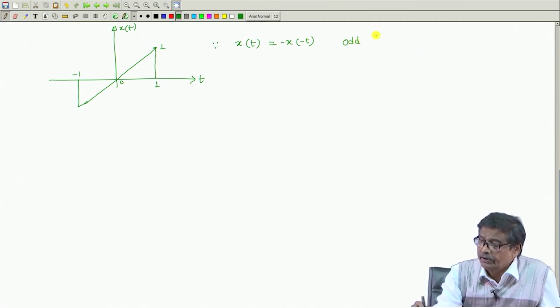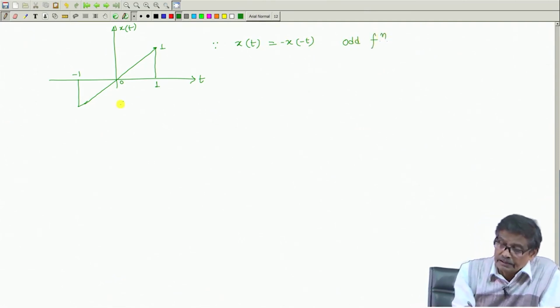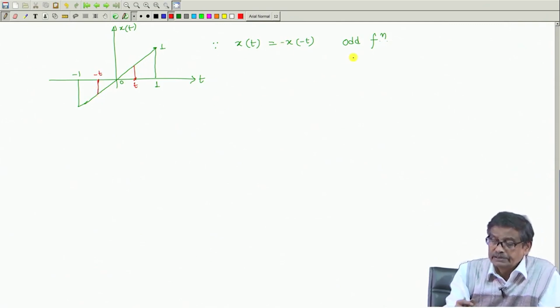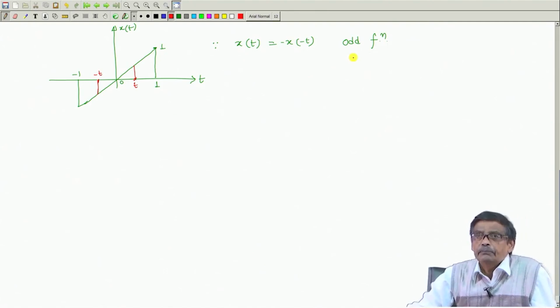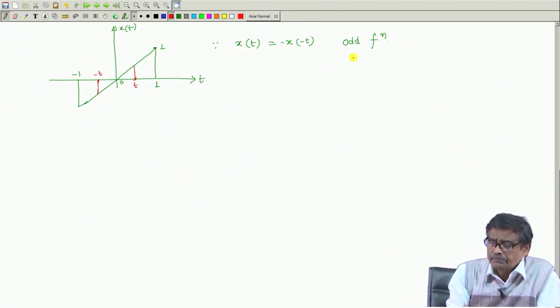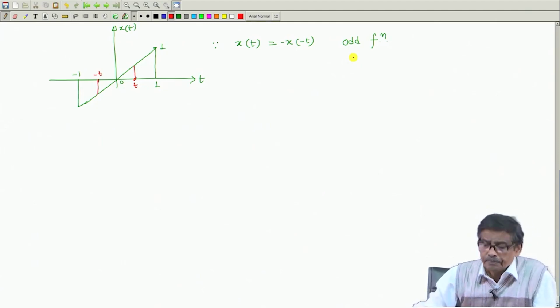The value at any time t, x(t), and at minus t, will have the same value, but with opposite sign. So, when such a condition is applicable, it is called an odd function. You can have several odd functions. At any positive value of time, whatever is the ordinate, the corresponding negative value ordinate will be the same magnitude.